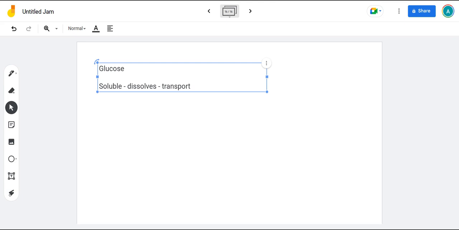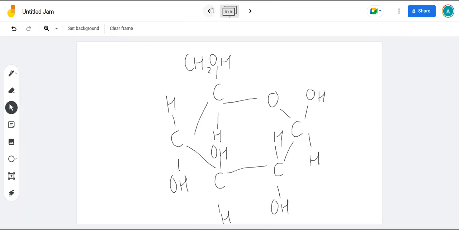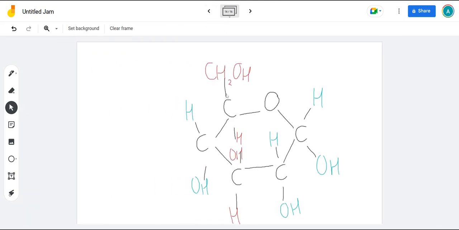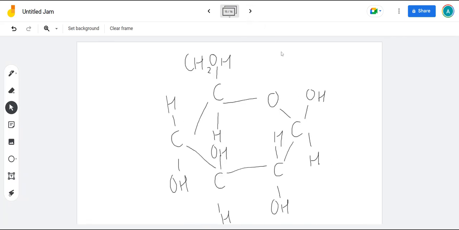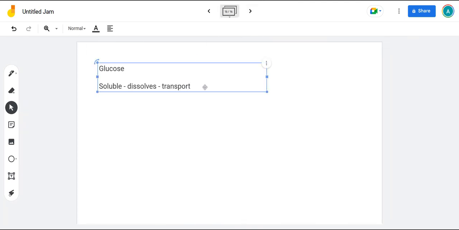Okay. Now, each of those bonds in the glucose molecule, so if we go back to our picture, each of the bonds here, when you break those bonds, they release energy. Okay. And that's really useful because glucose is really an energy storage molecule. All right. And when we break the bonds, we release some energy.